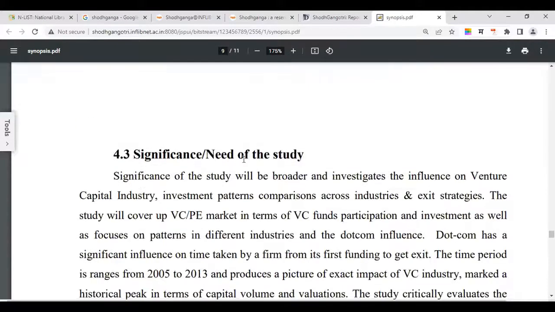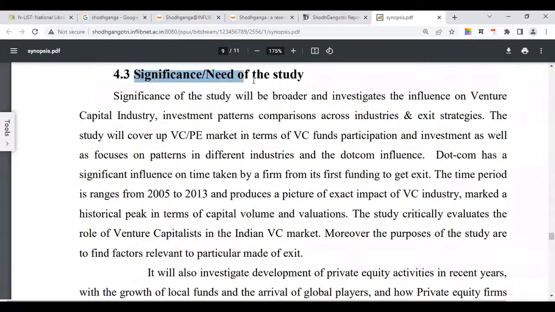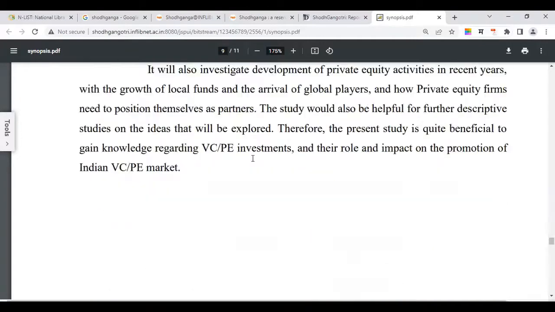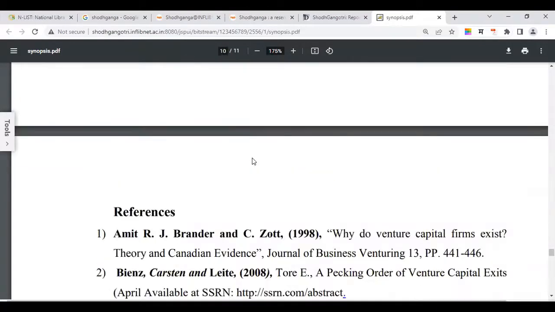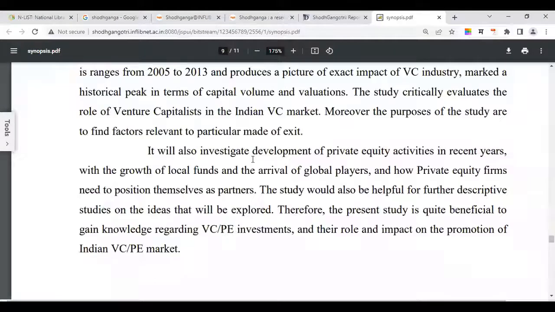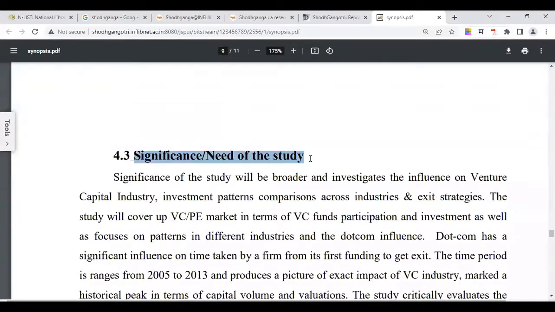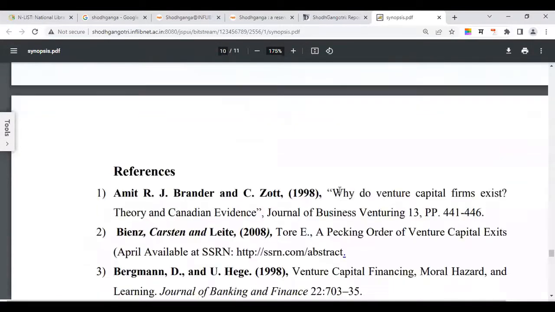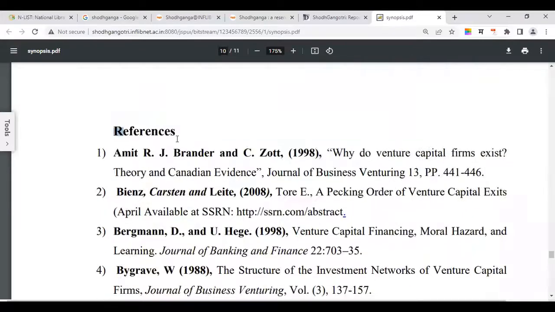Then later, the significance of the study, or we can say the need of the study, how you are going to carry out the study. What is the significance of the study in the recent era, why is there a need for this study, and all those things. Last, you have to mention the references, or we call it a bibliography.